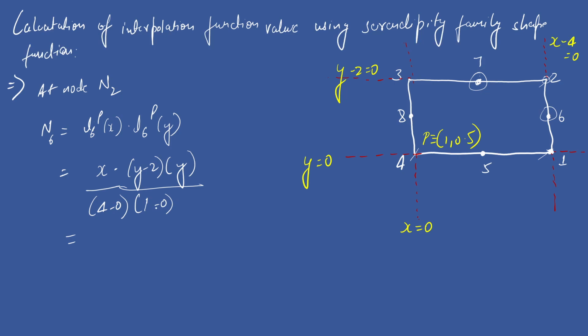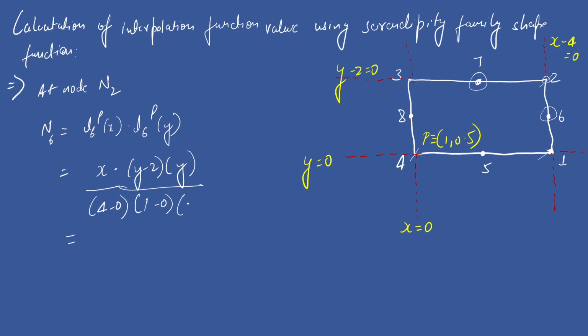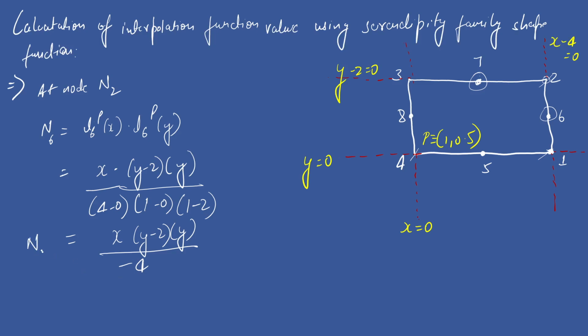So you are calculating this. First you will take this minus this, so it's 1 minus 0, and then you will calculate 1 minus 2. So it's x into y minus 2 into y, and that will be minus 4. So your N6 interpolation function value is this.